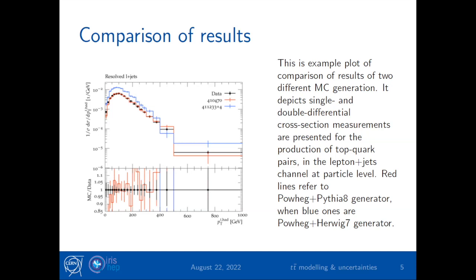The best way to do it is using Rivet for analyzing that. Here I show one example of plots which we can produce for analyzing different Monte Carlo generators.